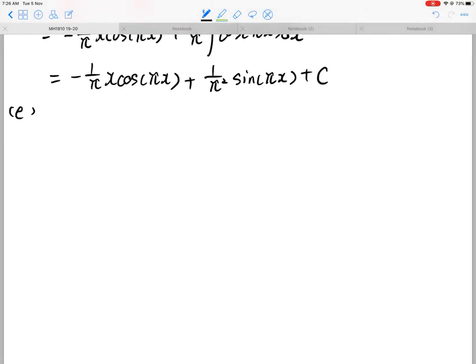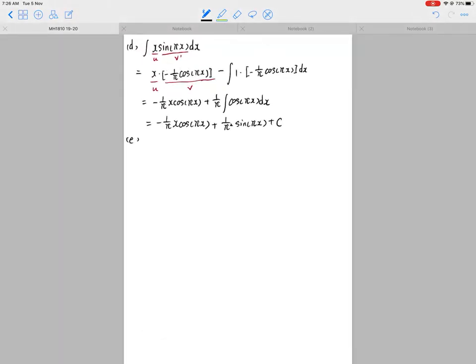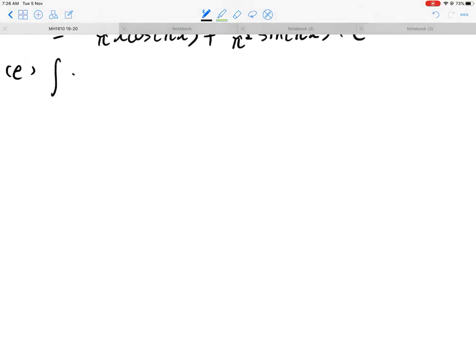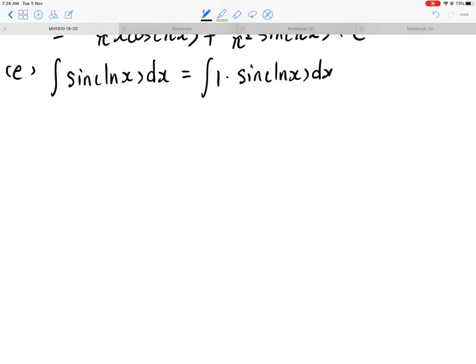So part E. The integration of sine ln x. Again, you can treat it as 1 times sine ln x. Alright, so this is your u.